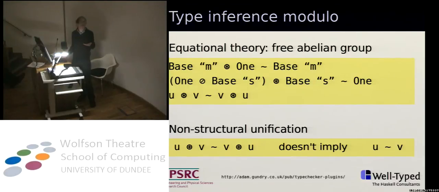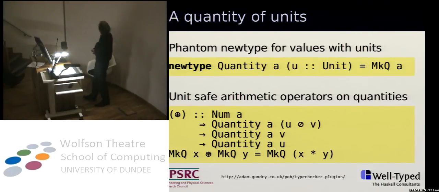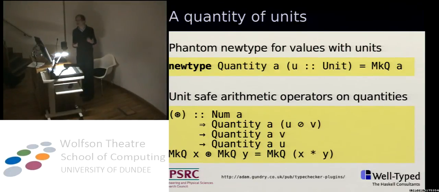Once I've got my kind of units with its equational theory, then I can declare a type of quantities, which is indexed by those units. So quantity A U means I've got something which at runtime is represented as an A, which will typically just be a single number, but it might be a matrix or something else.